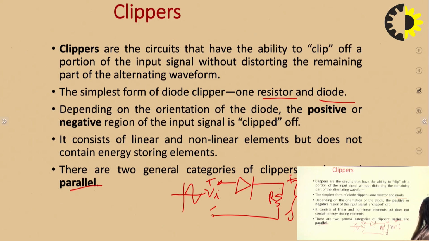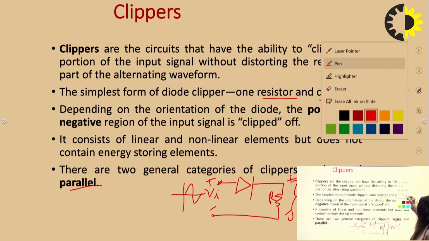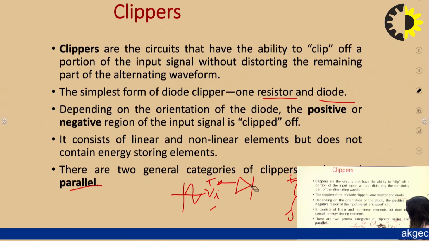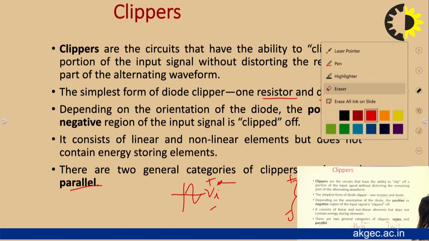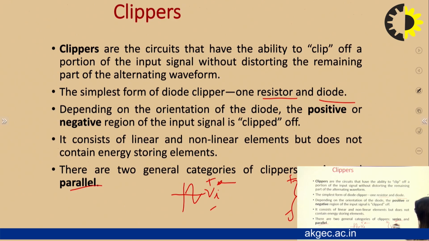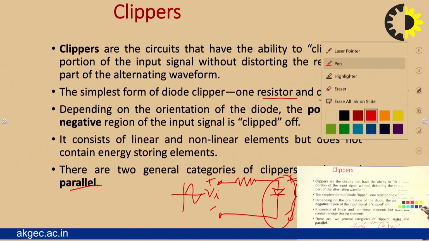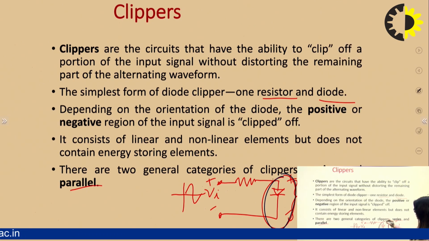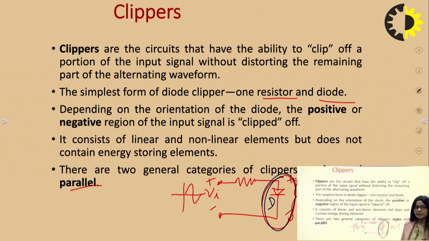And in the same context, if let's say I interchange the position of the components like this, and the voltage is asked between the terminals of the diode D, then we say that it is a parallel clipper.